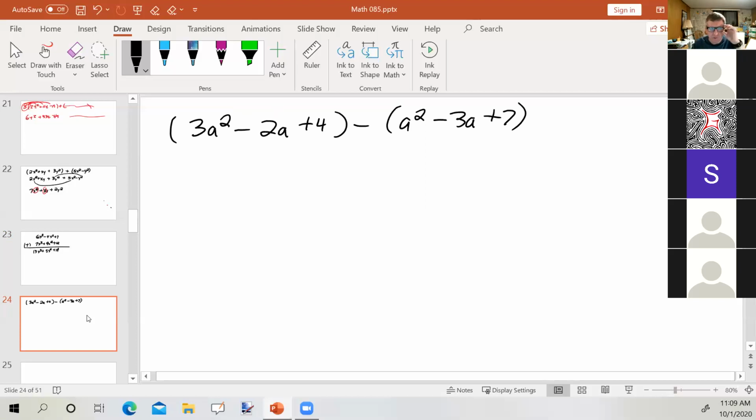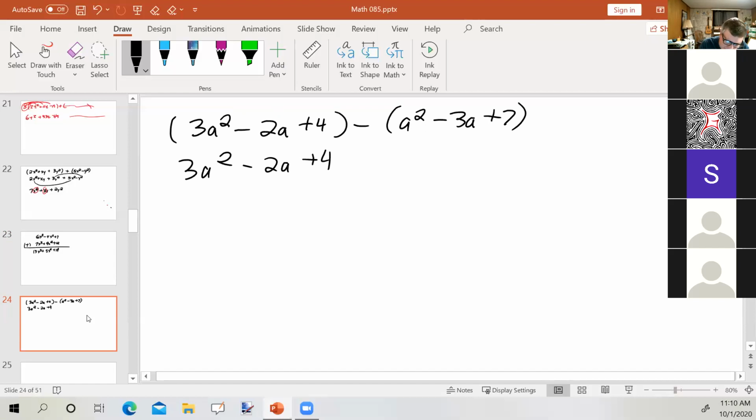There's nothing in front of the first trinomial, so we can just bring the trinomial outside of the grouping symbols. But we're subtracting the second trinomial, so we have to distribute that subtraction sign.